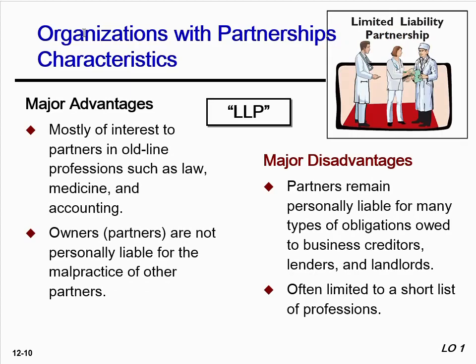The second category of specialized partnership is known as limited liability partnership. This type of organization is usually made by people in specialized professions, like auditors, law firms, medicine, accountants, or doctors.